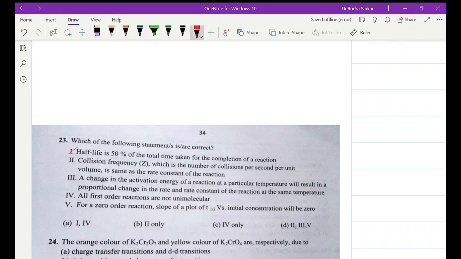Collision frequency Z, which is the number of collisions per second per unit volume, is same as the rate constant of the reaction. This is not correct. Change in activation energy of the reaction at a particular temperature will result in the proportional change in the rate and rate constant of the reaction at the same temperature. Rate and rate constant remain fixed, so it cannot change. So this statement is wrong.